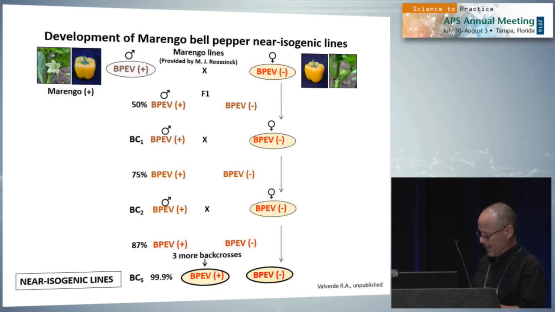One thing that I did was develop near isogenic lines, and for that I used the two lines that Marilyn Rusing provided me.